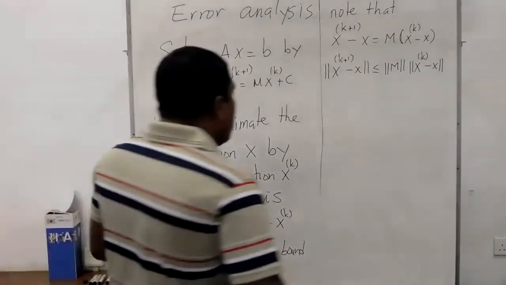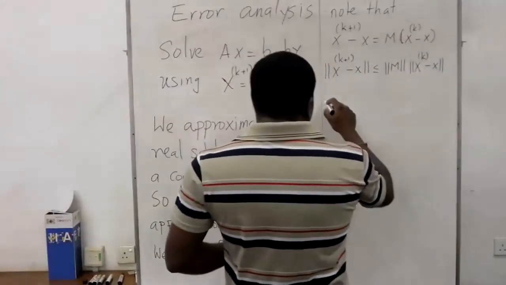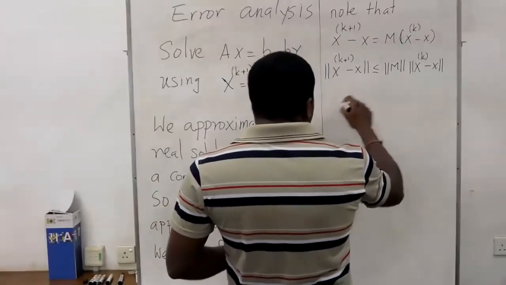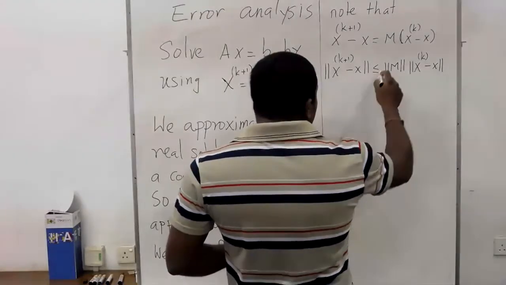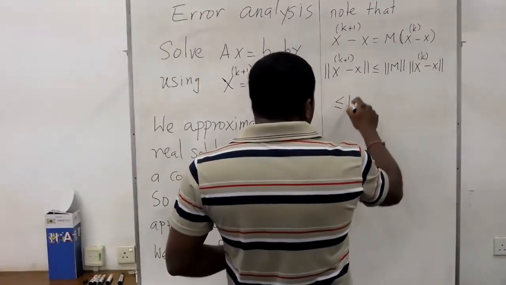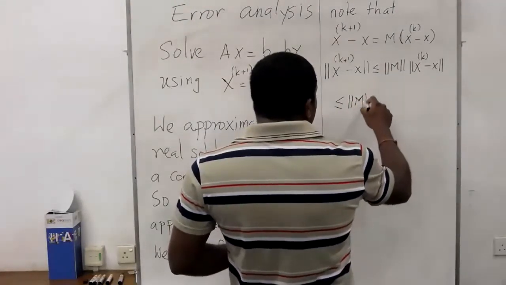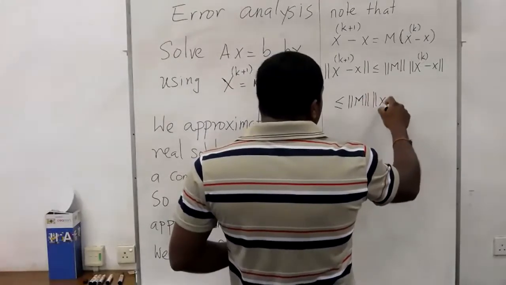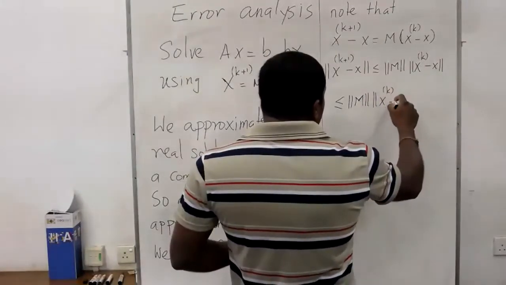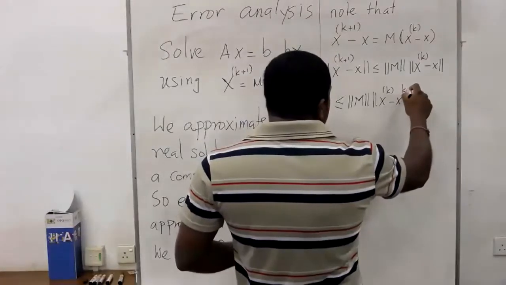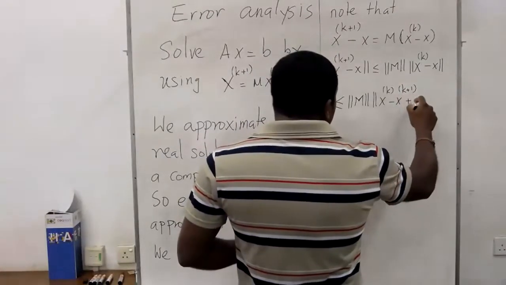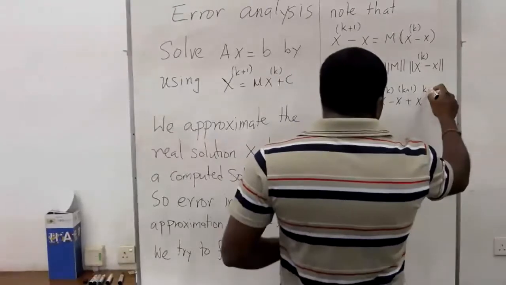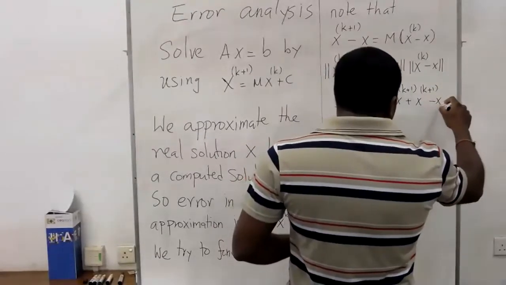So in this case, what you are going to do is you can do this. This is less or equal to norm of m times norm of xk minus xk plus 1 plus xk plus 1 minus x.